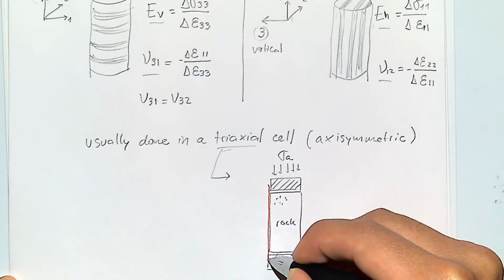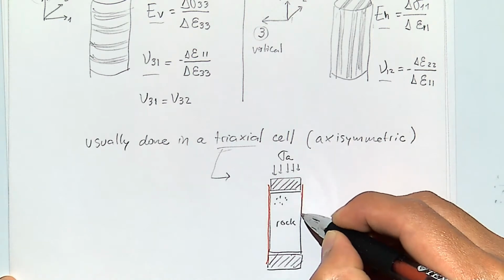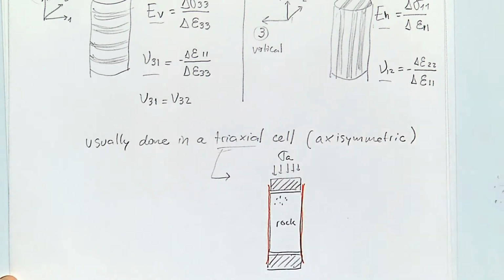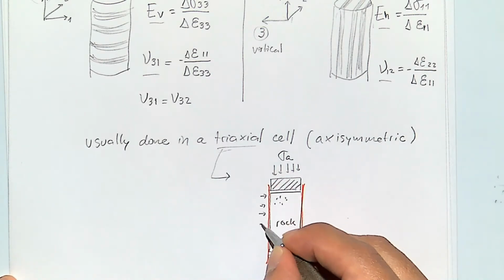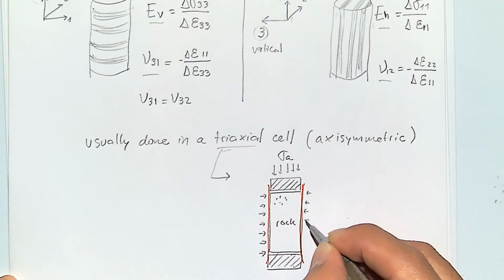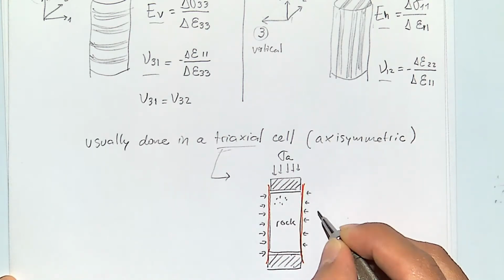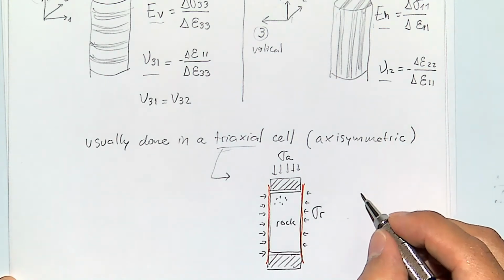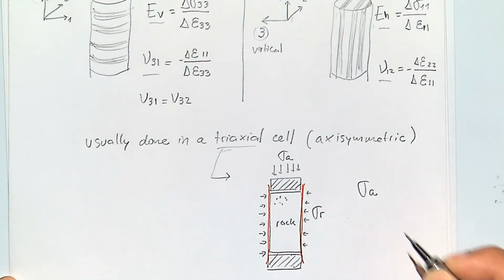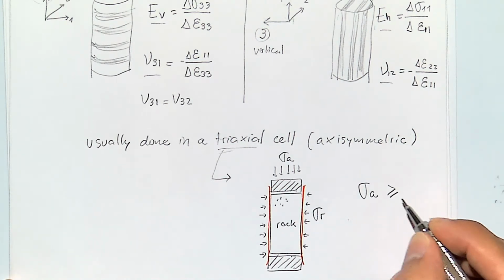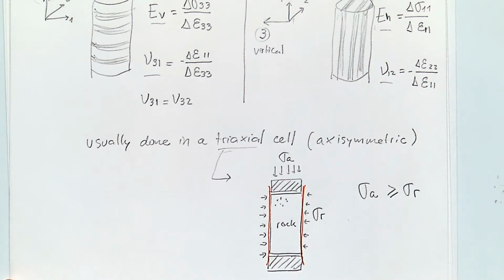And we put a membrane around the rock so that I can apply pressure of the fluid, in this case called the confining fluid, in the radial direction, sigma r, where sigma a is going to be equal or larger than sigma r.